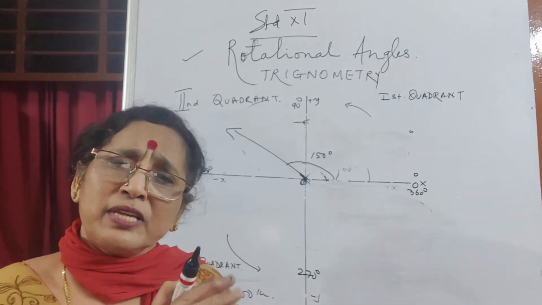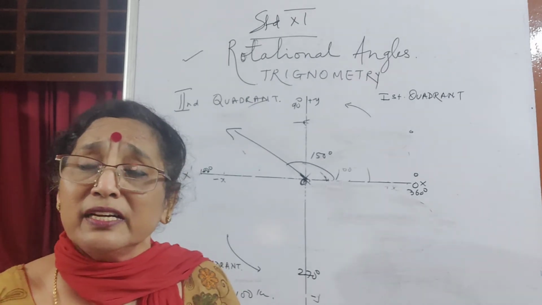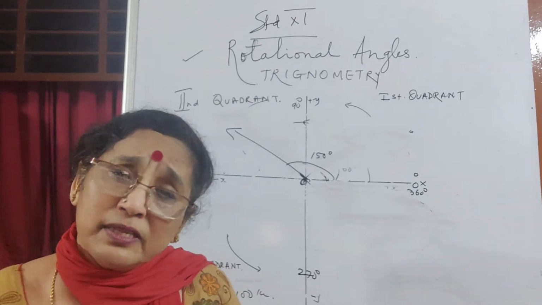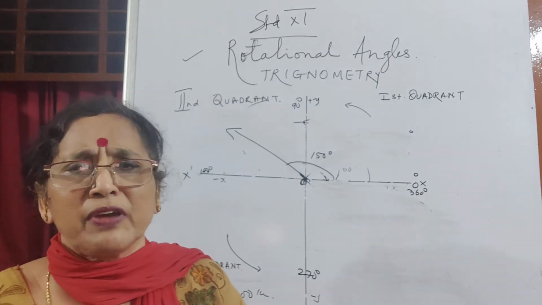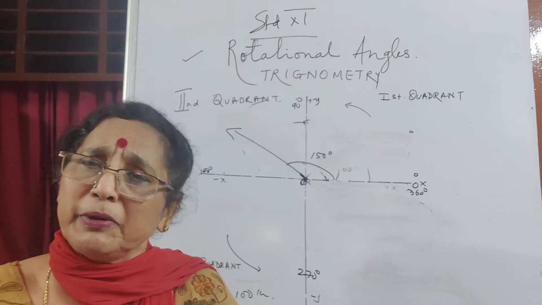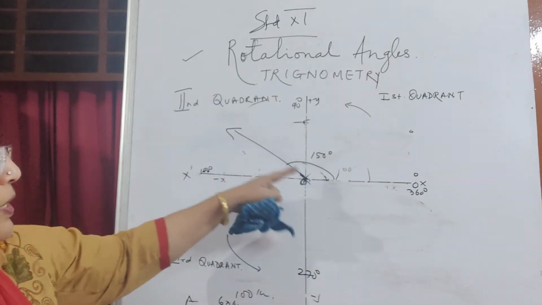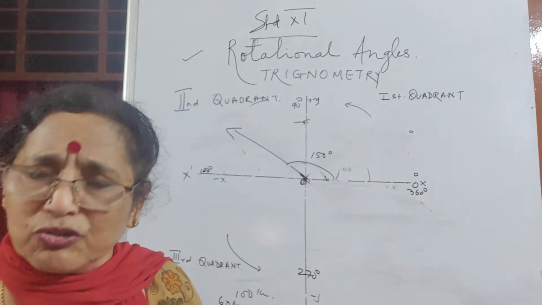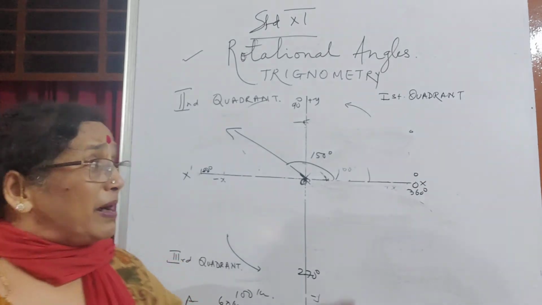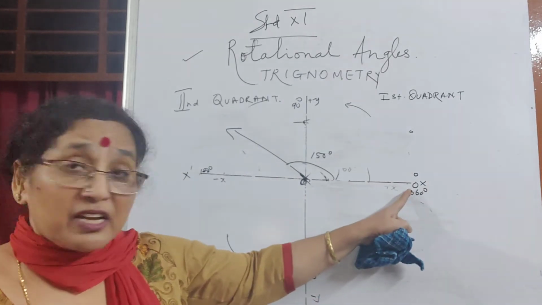For oblique and obtuse angle triangles, which are not right angle triangles, we have other formulas, also in 11th standard, to find the unknown sides and angles, but it cannot be P by H, B by H and P by B. So here this is an obtuse angle. There is no question of P by H or B by H or P by B, but it's a matter of displacement.